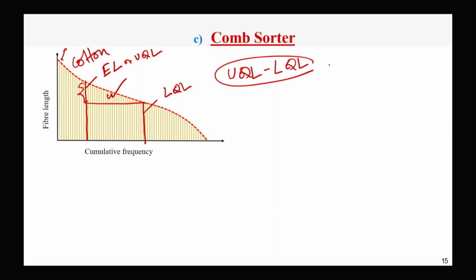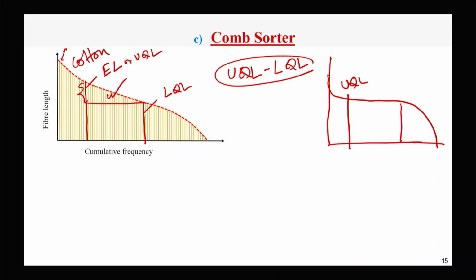Now say two fibers are there. This is one fiber, another fiber is like this, where this is the upper quartile length and here it will be the lower quartile length. If you see, the variability is very low, and the dispersion percent is related to the upper quartile length or effective length.